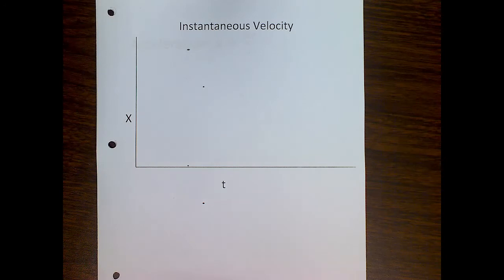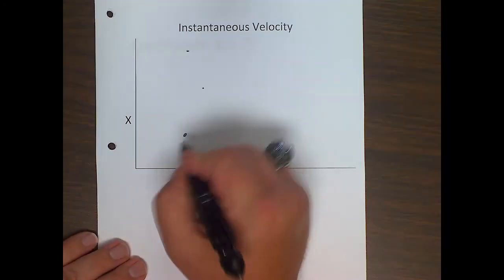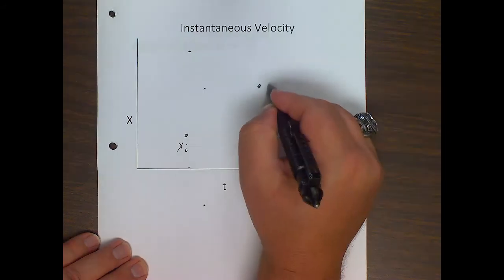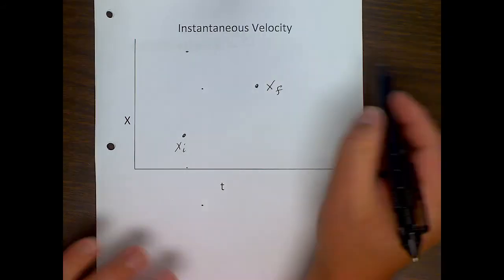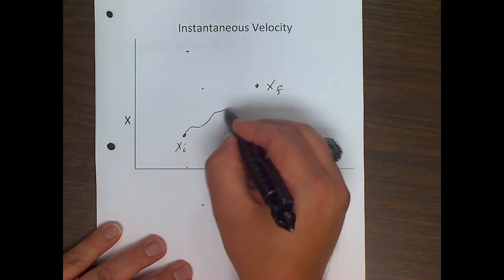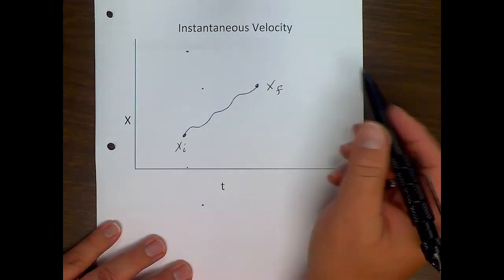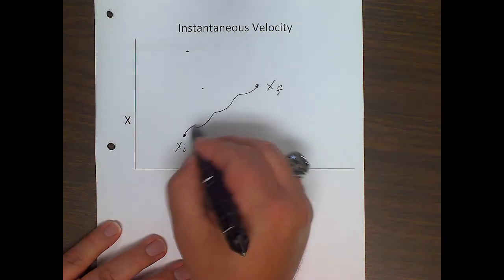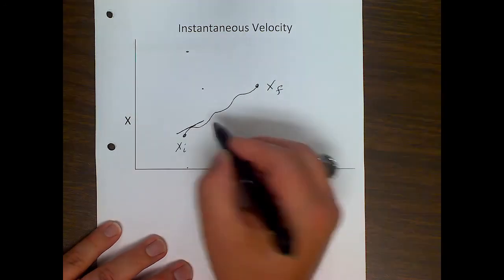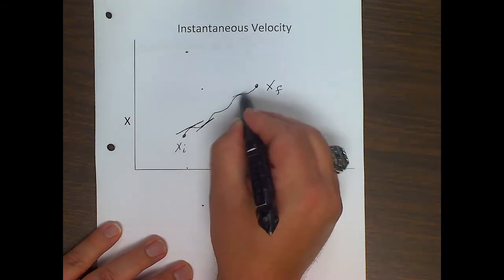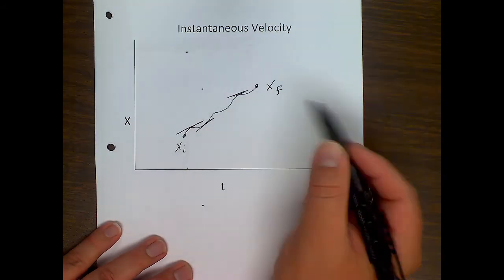For an instantaneous velocity, it's a different situation. We're not talking about a straight line distance, and I say distance with respect to the graph, what we're looking at is the speed, the instantaneous speed, being the slope of a line that is tangent.